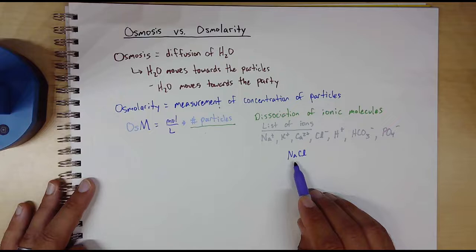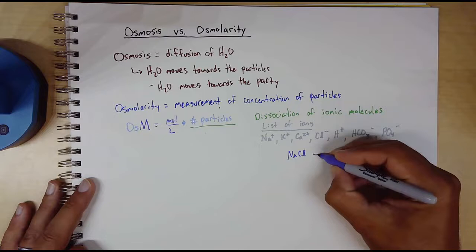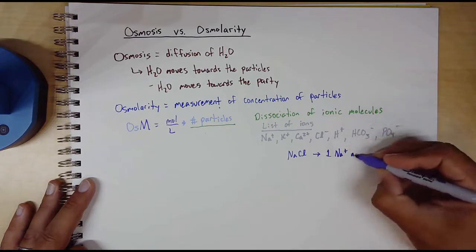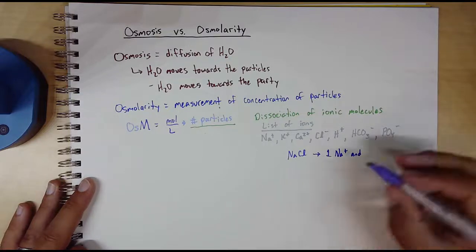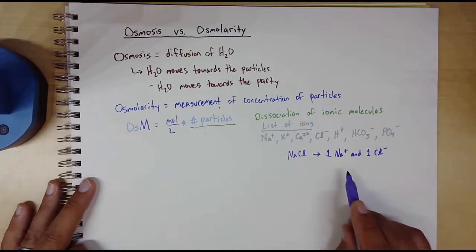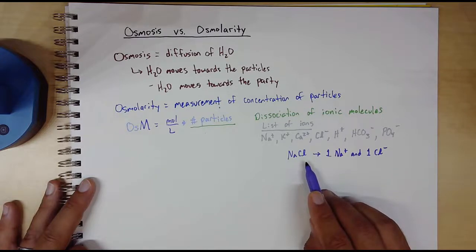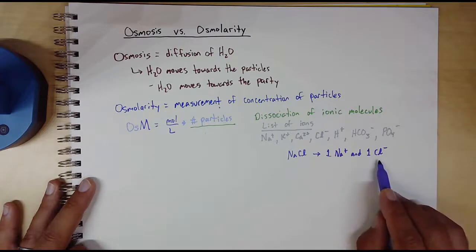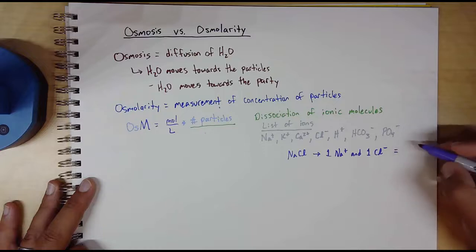So how many sodium cations do you see in sodium chloride? Well, this is 1 sodium. And what else do we see? We see 1 chloride. So how many total particles are there? If I put sodium chloride into water, it would dissociate. It would get ripped apart into 1 sodium and 1 chloride. And now we have a total of 2 particles.